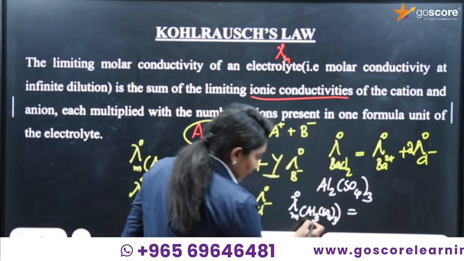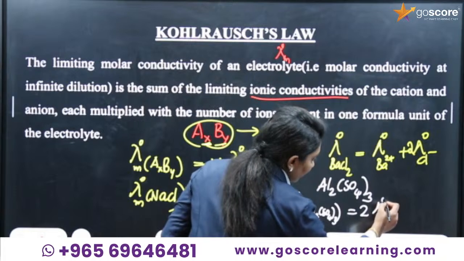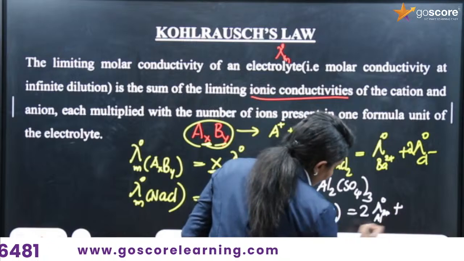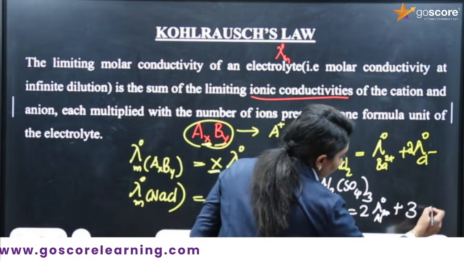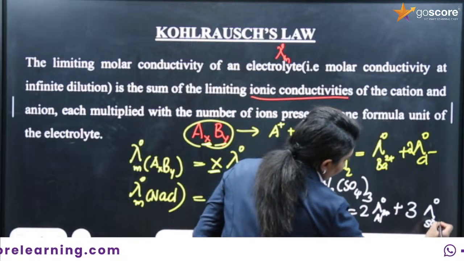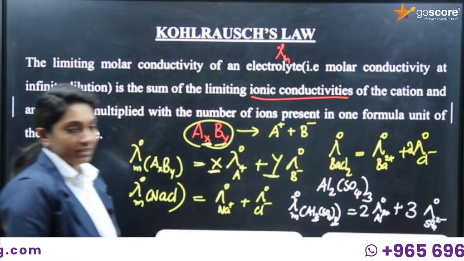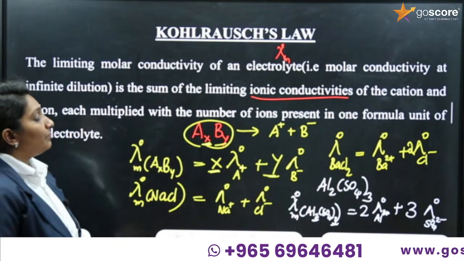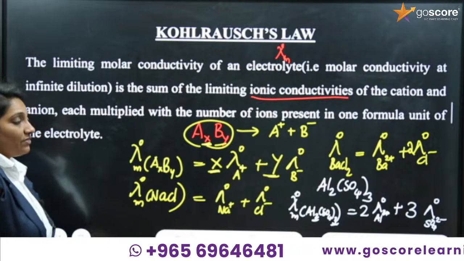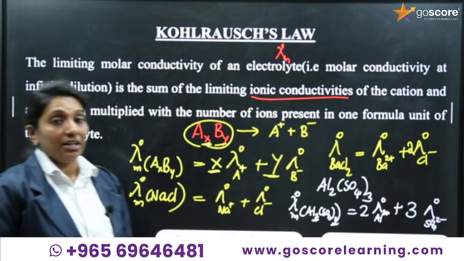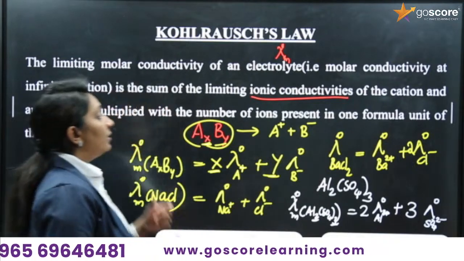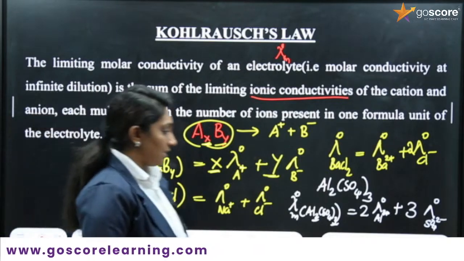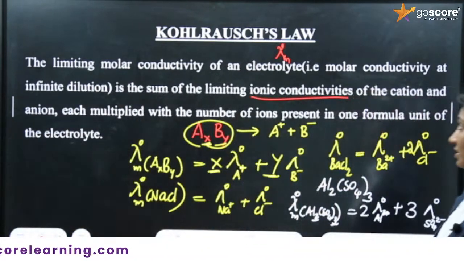It will be 2 into the limiting molar conductivity of Al3 plus, plus 3 into the limiting molar conductivity of SO4 2 minus, right? This is what Kohlrausch's law is. For a weak electrolyte, we can find out the limiting molar conductivity by adding the limiting ionic conductivities, with the cation and anion each multiplied with the number of ions present. That is Kohlrausch's law.